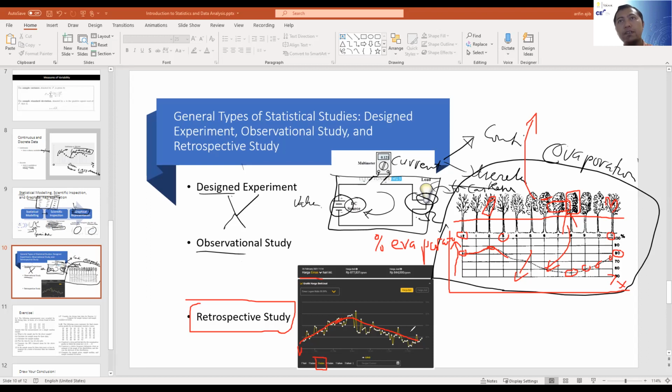We just receive the incoming data, and then we observe, analyze, and process it. Okay, that's all for the clarification for today.